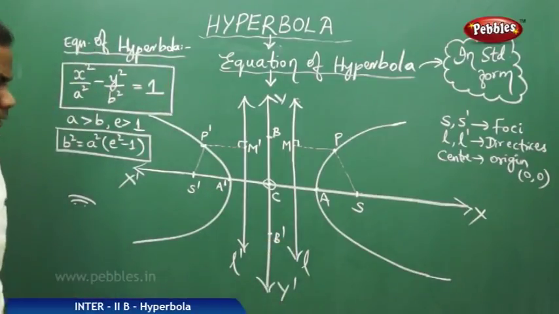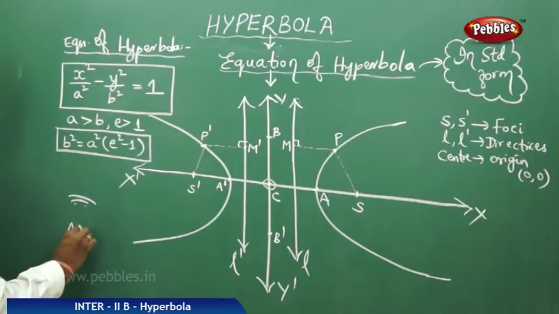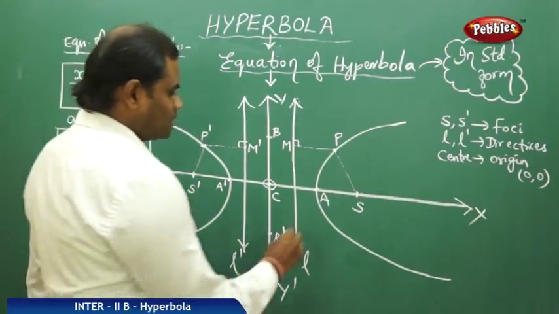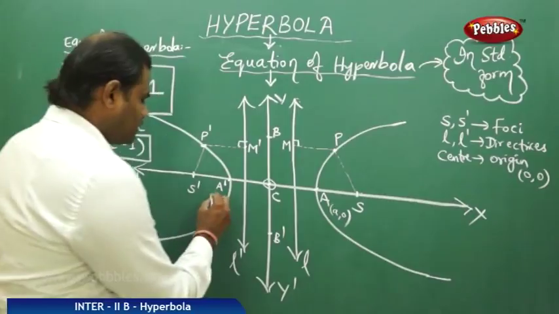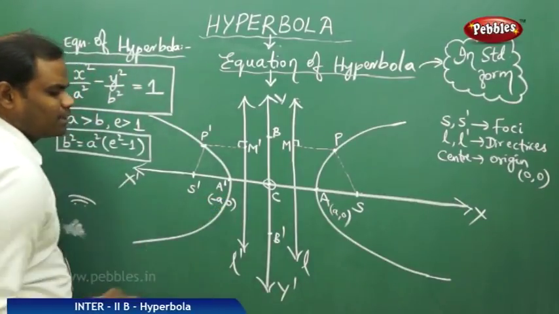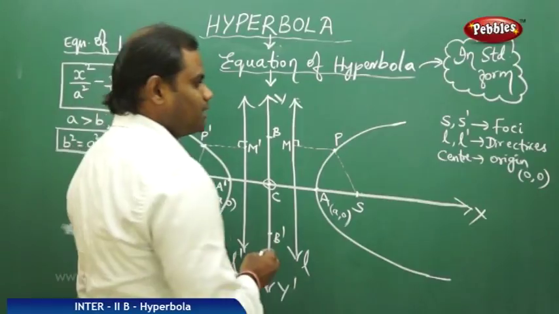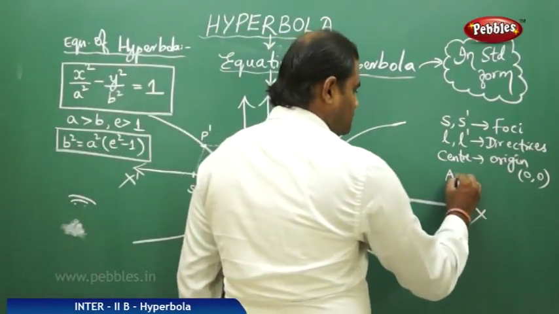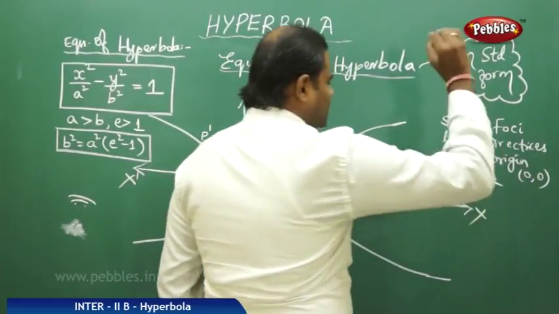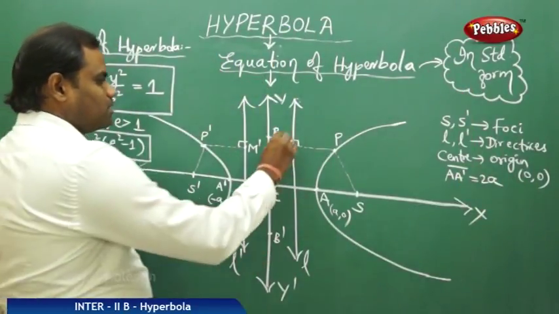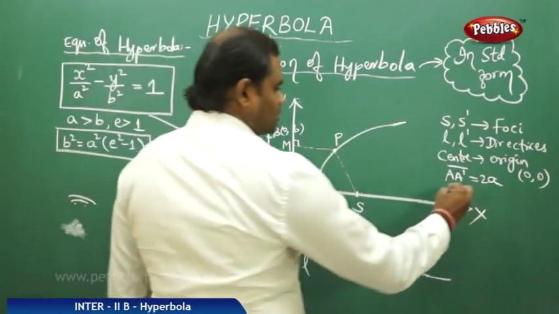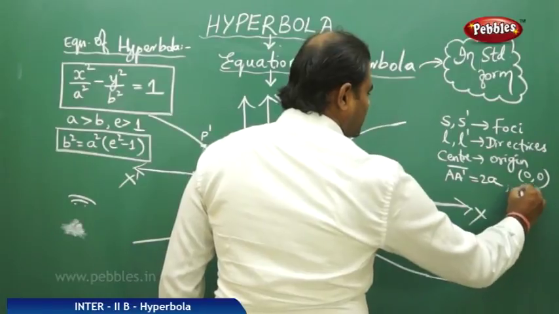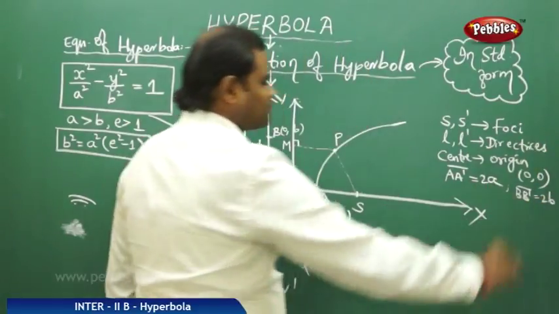Now, the distance AA dash is 2a, which gives me the property that the coordinates of A are (a, 0) and coordinates of A dash are (minus a, 0), such that AA dash is 2a. And then my coordinates of B are (0, b) and this is (0, minus b). Therefore, BB dash is 2b.